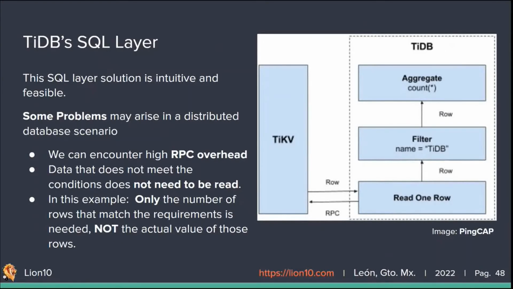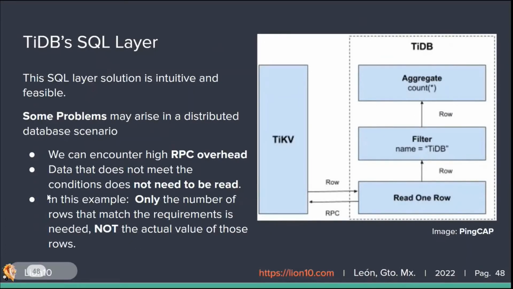From the returned result of this query, only the number of rows that match the requirement is needed, not the value of those rows. So this is specific to this query. Here in this case, we want to read one row. We want to filter for whatever contains TiDB in the name, and we just want to return the count, not the actual values.